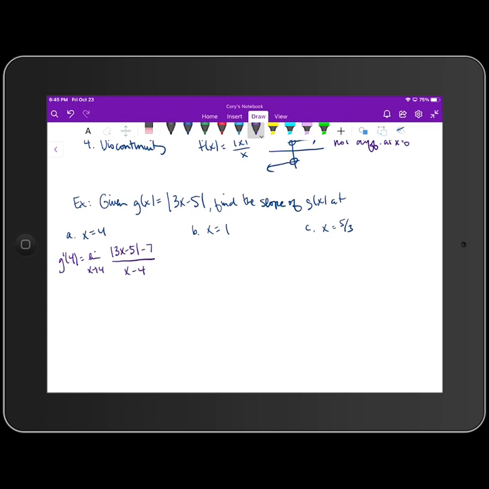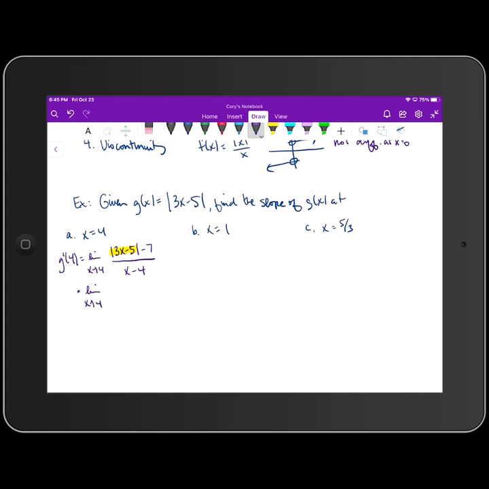So if I want to evaluate this limit here, I have to figure out how I can rewrite this absolute value function. If I pick values that are close to 4, when I plug those values into that expression, we're going to get numbers inside the absolute value bars that are positive. And if we're taking the absolute value of something that's positive, that is just going to be the expression inside of the absolute value bars.